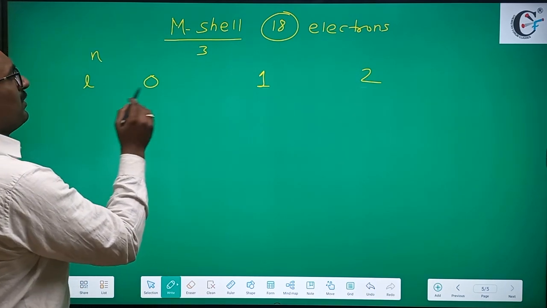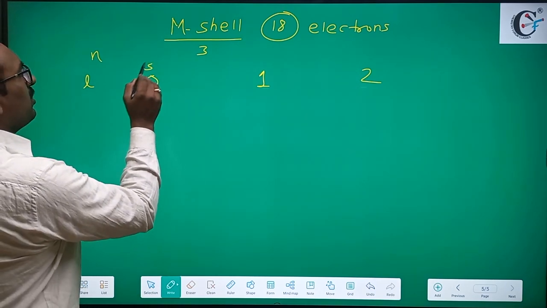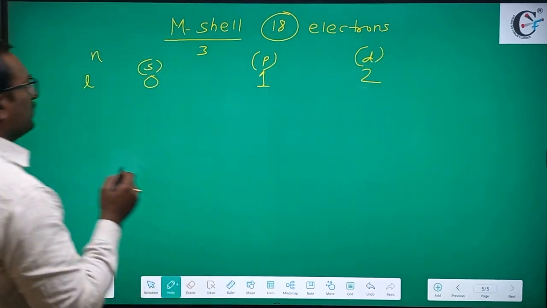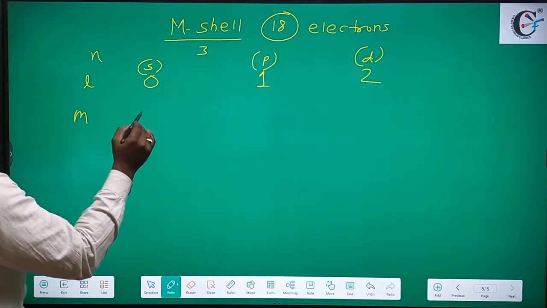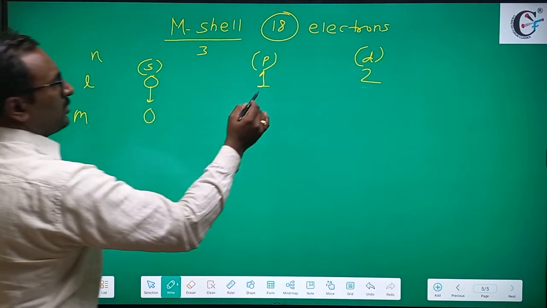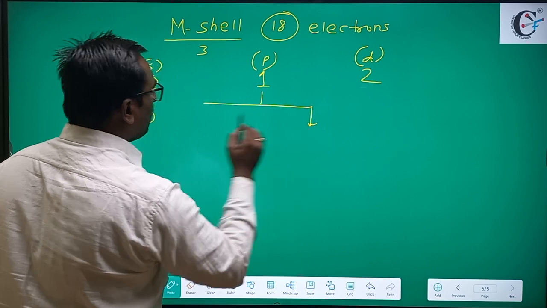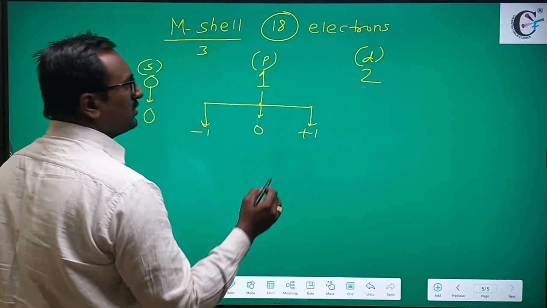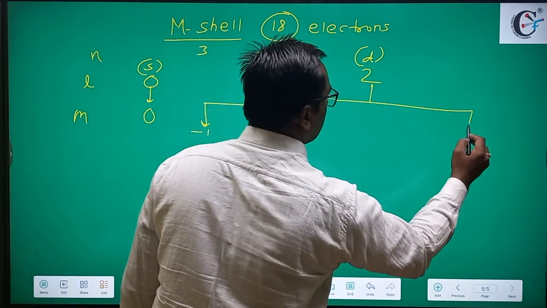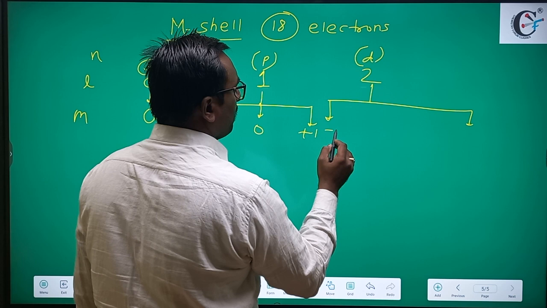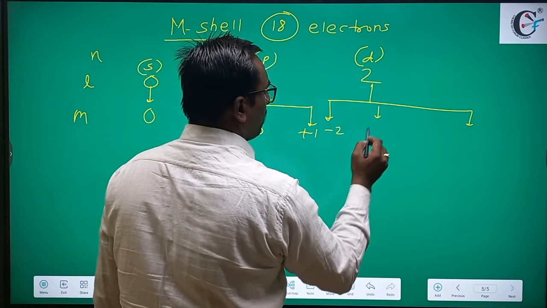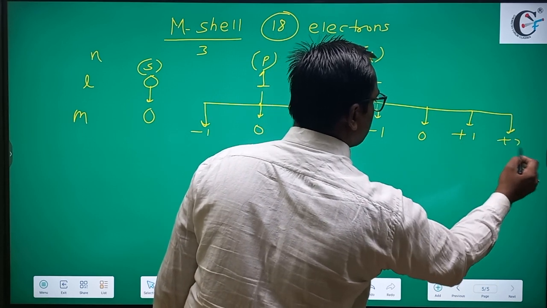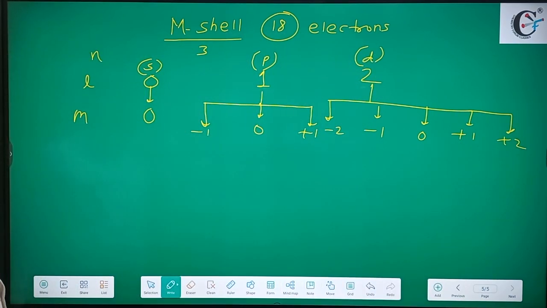That means s orbital, p orbital, and d orbital. Then for the magnetic quantum number, for s, m is equal to 0. For p we have m with 3 permissible values, minus 1, 0, plus 1. For d orbital, we have values minus 2, minus 1, 0, plus 1 and plus 2. 5 orientations are possible.